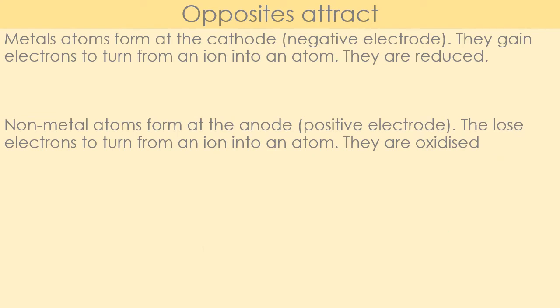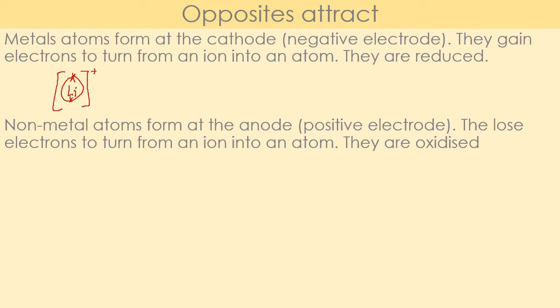So our metal atoms form at the cathode. They're negative electrodes. They gain electrons to turn from an ion into an atom. So if we look at lithium as an ion, it's got a +1 charge.